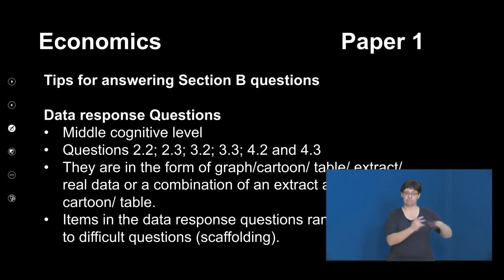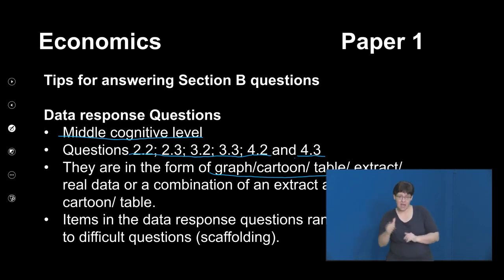Right? As we continue with our section B, we have again microcognitive level questions. We are looking at our question 2.2, our question 3.2, 3.3, 4.2, and 4.3. Right, these ones you are given something in the form of a graph, a cartoon, a table, an extract, real data, or a combination of a graph and an extract.